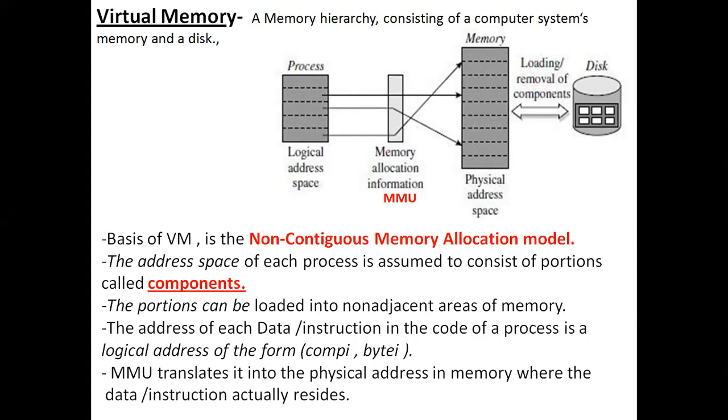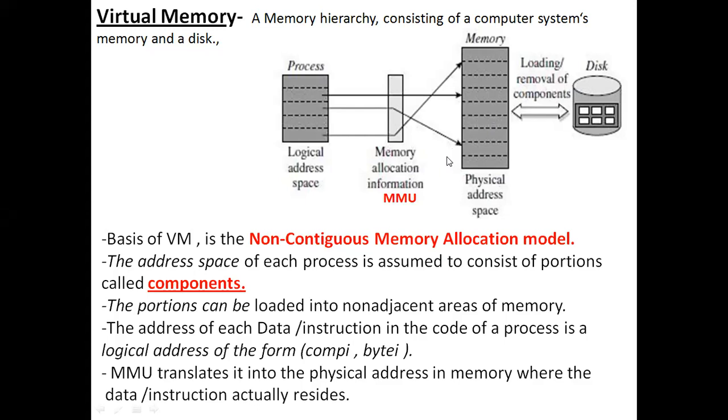Where these components exist in the main memory, or the physical memory, is information maintained in something called the virtual memory manager. This information is used by the MMU when it does the address translation from logical address to physical address.